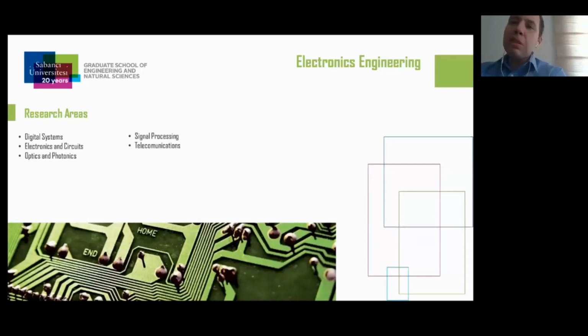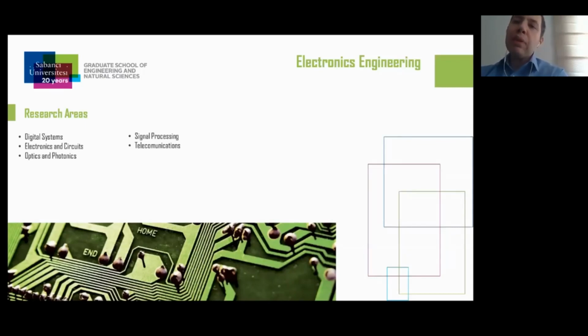Now, if you look into a system like this, it's really quite complex, which involves both components and also the connection of those components into a circuit level and then into a final product, which we refer to as the system. And in our program, we basically tackle both, starting from the component level up to the circuit level and also system level research.